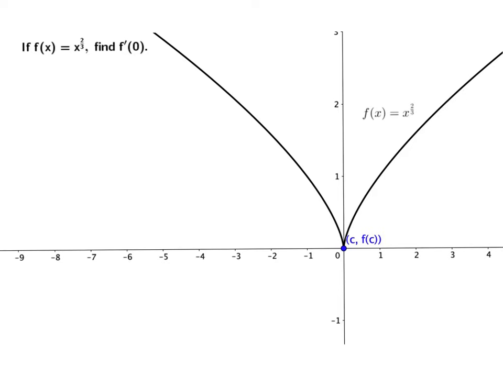Well, if you look carefully, you might notice that this really doesn't have a slope at x equals 0. The left side is getting infinitely steep as we head towards 0, and the right side, as you back up towards 0, is getting infinitely steep. So from the graph, we can see that this function at x equals 0 is not differentiable.